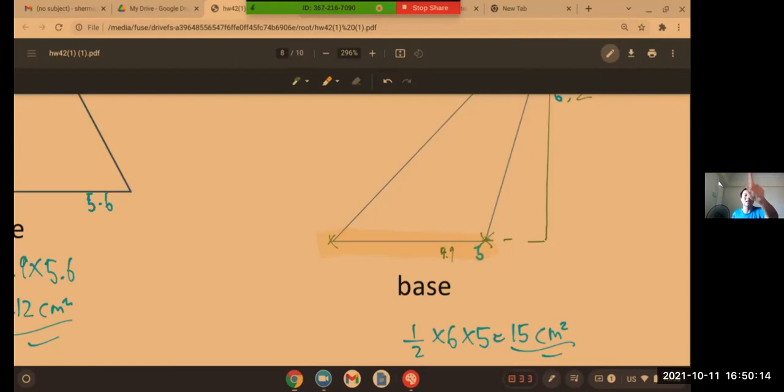So just measure the base and the height now without zooming in and out. Do it now. So if it's 4.9 and 6.2, then you have to use 4.9 and 6.2.